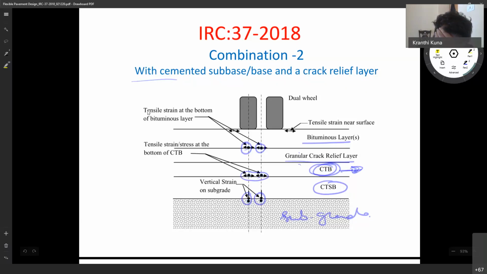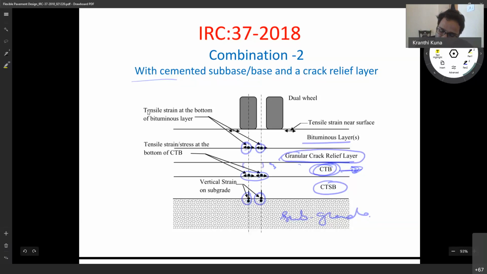And there is one important concept, which is the granular crack relief layer. What exactly is this? If you have a cement treated material, whether it is a cement treated base or anything, you will have shrinkage cracks, because cementitious materials crack. Shrinkage cracks usually occur at the top of the cement treated base, something like this.